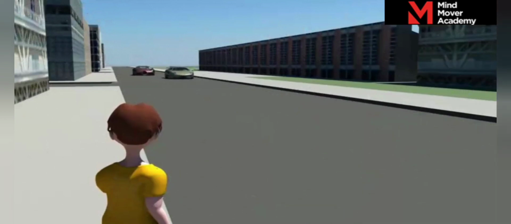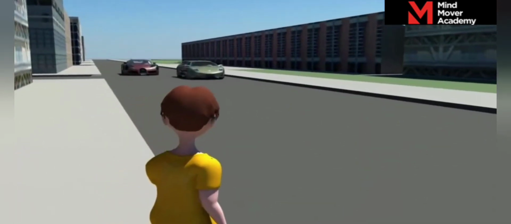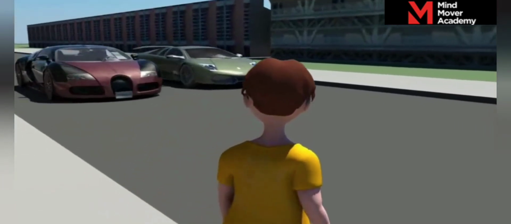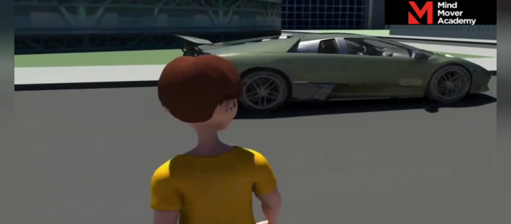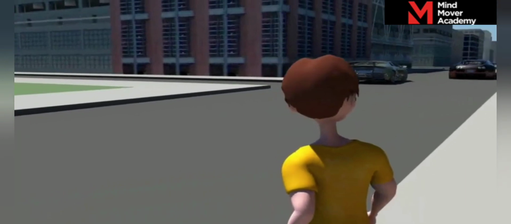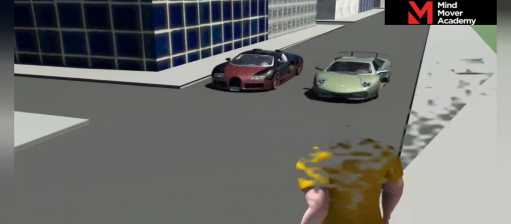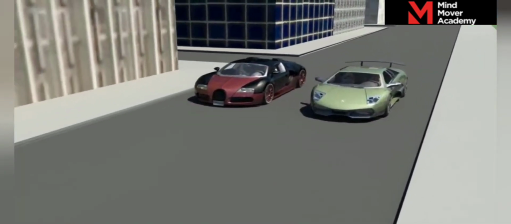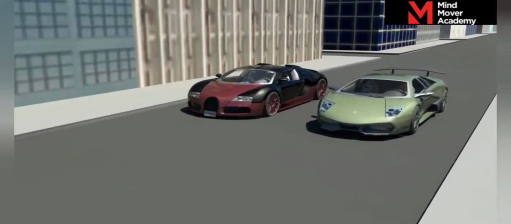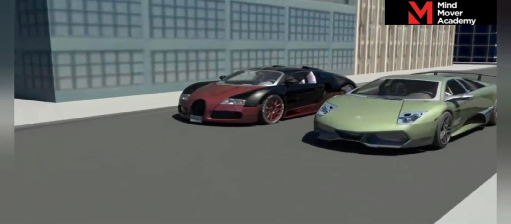However, to a person standing on the ground, the second car will be moving with a speed. To understand such observations, we now introduce the concept of relative velocity.